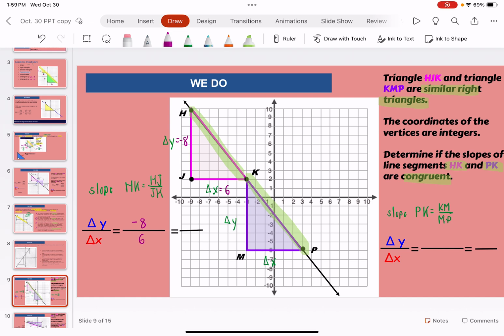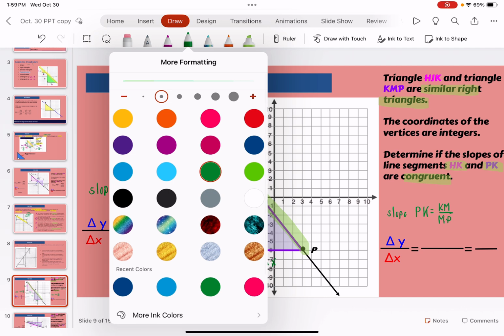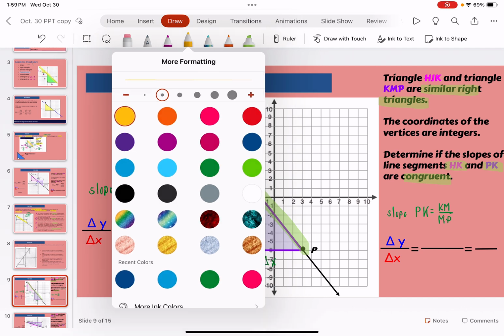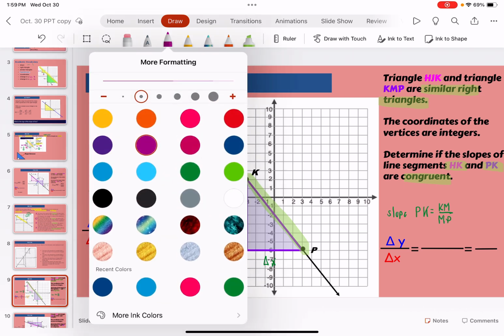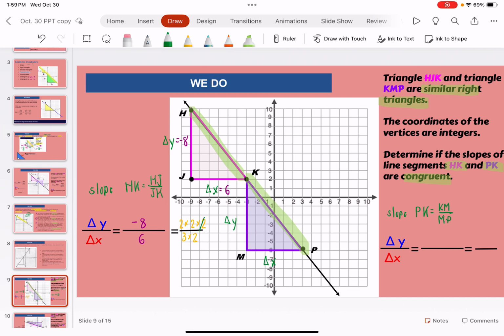I know -8/6 is not in simplest form, so of course I'm going to have to simplify that. The factors of 8 are 4 times 2, but we know that 4 can be broken down into 2 times 2. The factors of 6 are 3 times 2. Now I'm going to cross out the number that is the same on top and bottom. So we have the 2 that's the same.